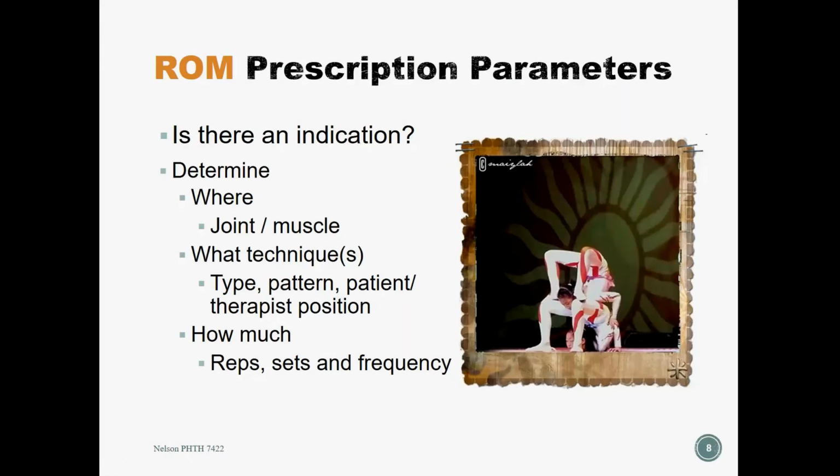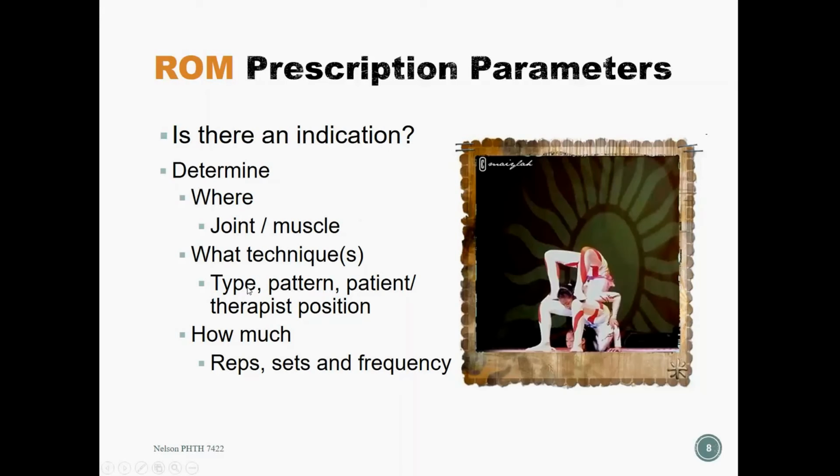When I do range of motion, I need to have certain parameters or I need a prescription. So first off, is there an indication? That's true of any therapeutic intervention. What's my indication? So do I need nutrition to the tissue? Do I need to inhibit pain? Is there a need for keeping flexibility in the tissues? And then I need to determine where I need to do the intervention, what joint or muscle, what technique I'm going to use.